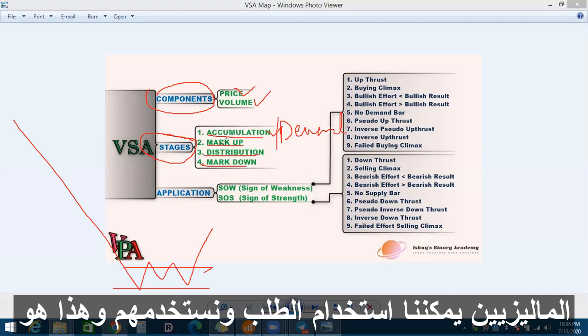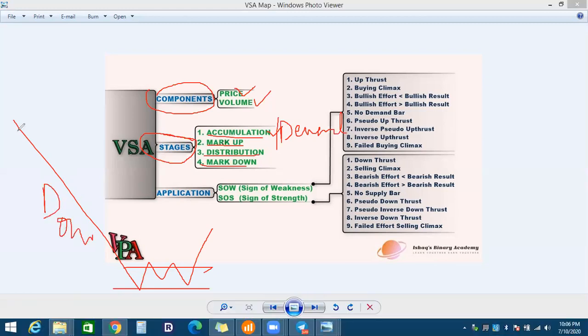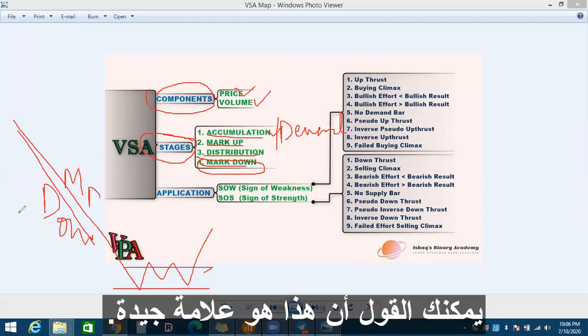Okay. And what is called a downtrend in price action, in VSA language you can say is a markdown. And an uptrend in VSA language you can say is a markup.